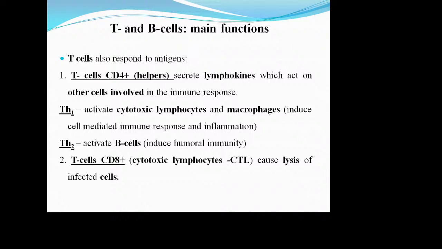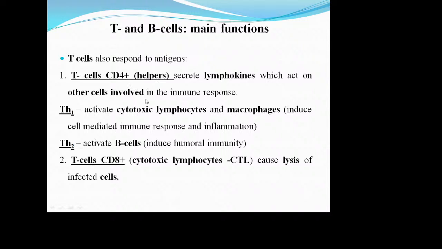T cells that have CD4 markers are T helpers. They are helpers, as we can understand from the name of these cells. They don't kill antigen, don't destroy antigen, don't kill bacteria. They just help in the immune response.